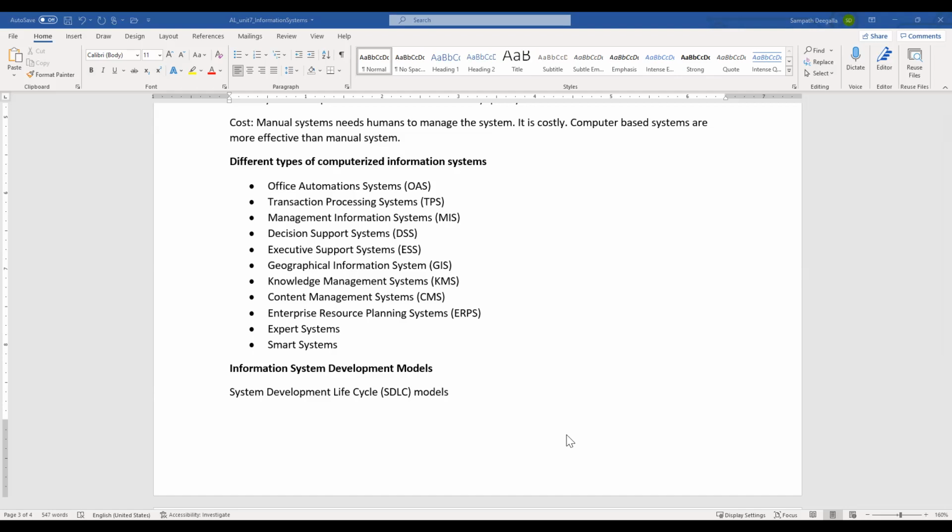So what is SDLC? Basically these system development life cycle models guide how to develop an information system.